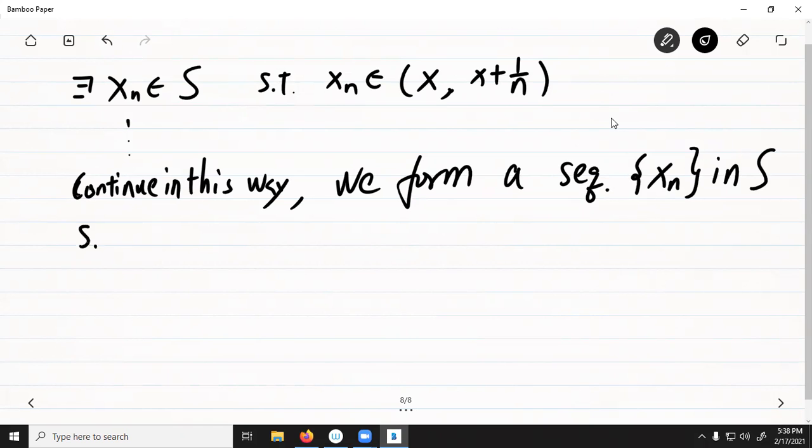Such that, because the length of each interval is 1/n, xn is between these two numbers. So xn minus x should be less than the total length.